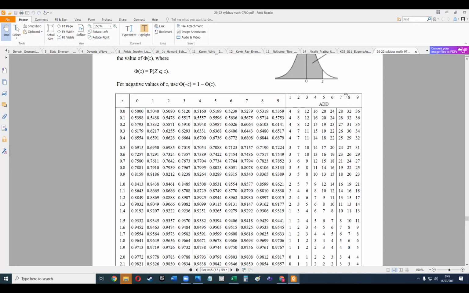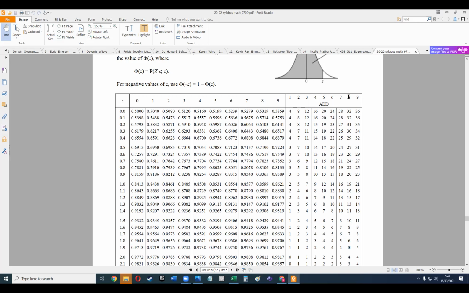We find the area 7513. Find the number closest to it but less than that. This is the one here, 7486. 7517 is already too big. So we get the one closest to it. The z-value is 0.67. And we need to add 27.